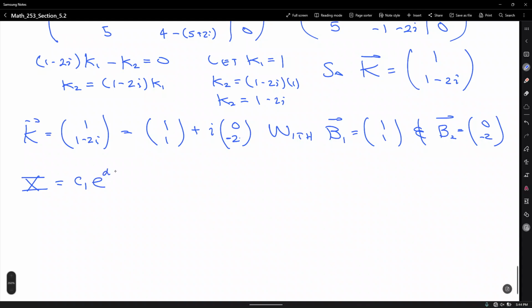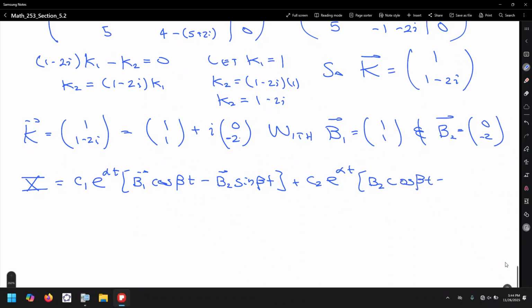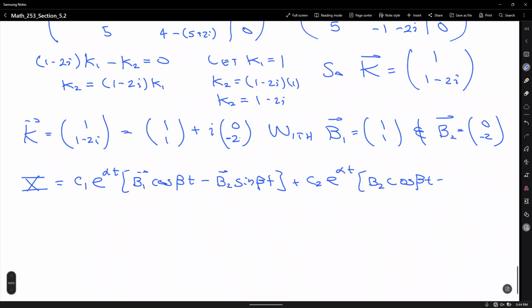C1 e to the alpha t, b1 cosine beta t minus b2 sine beta t, close the brackets, plus the second solution, C2 e to the alpha t, b2, careful, b2 cosine beta t plus b1 sine beta t.